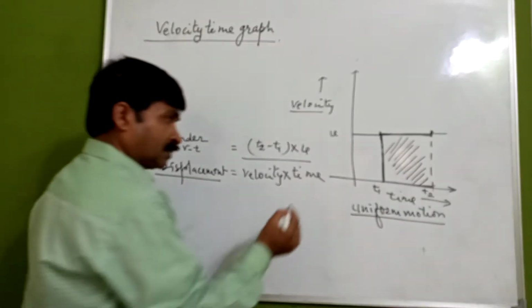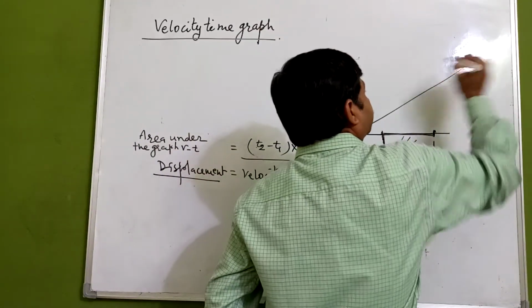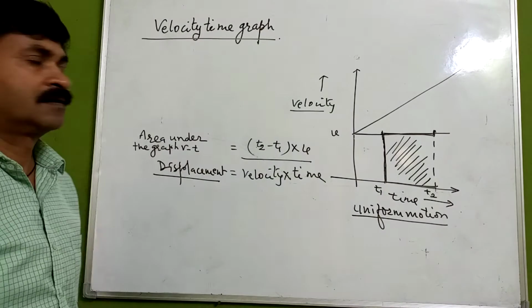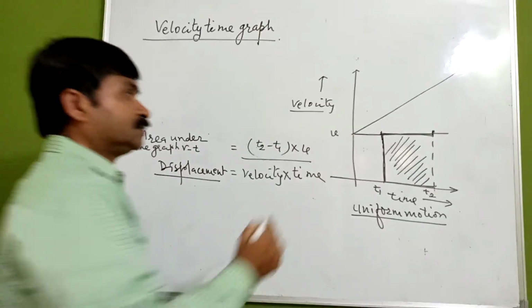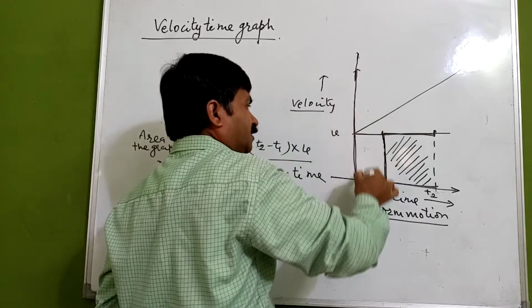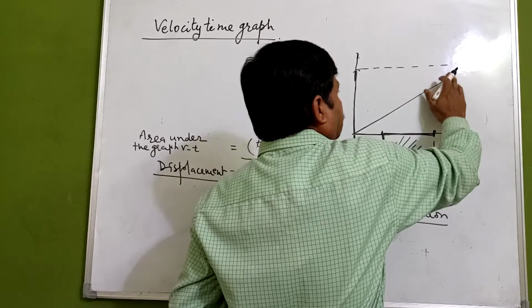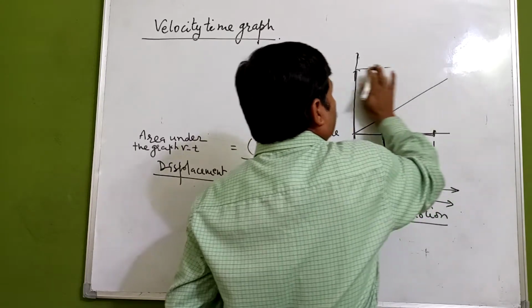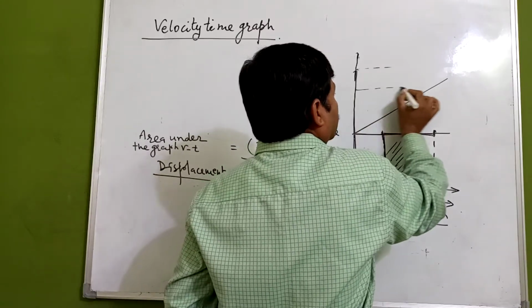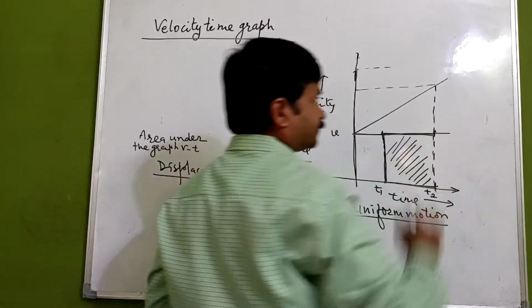Now if it is like this, say motion is like this now. There is a change in velocity. Now suppose we have got this, say here it is, we are taking it here, say it is like this.